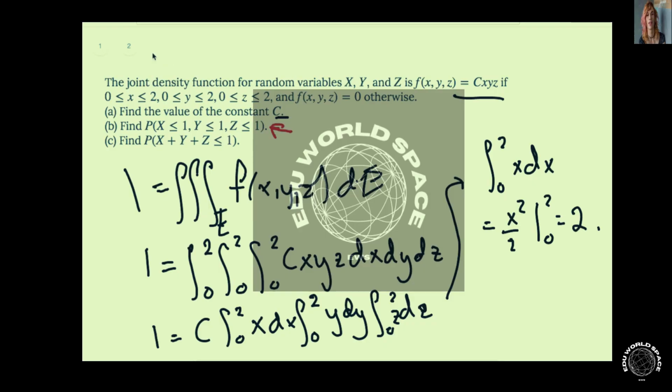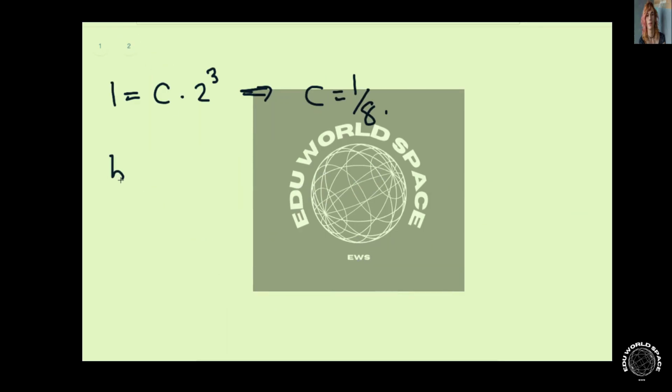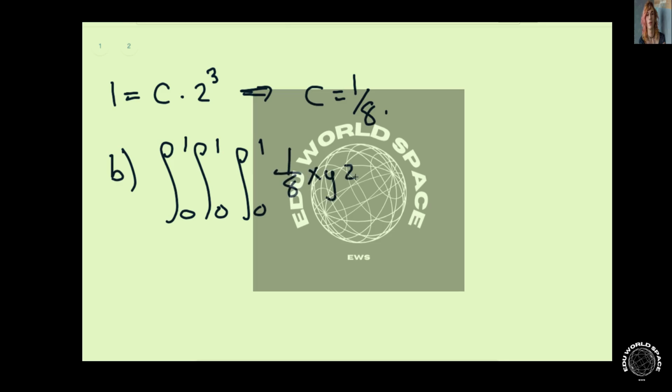So part B, we're looking at everything less than or equal to 1. So our triple integrals are all going to go from 0 to 1. We've got 1/8 xyz dx dy dz.